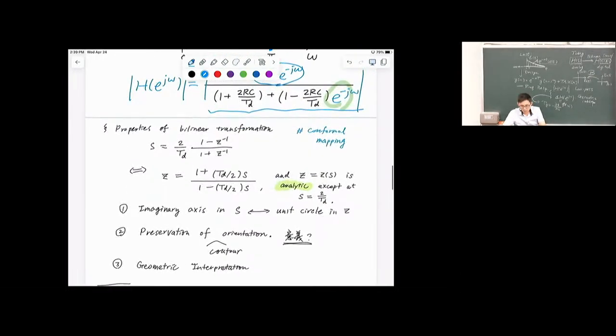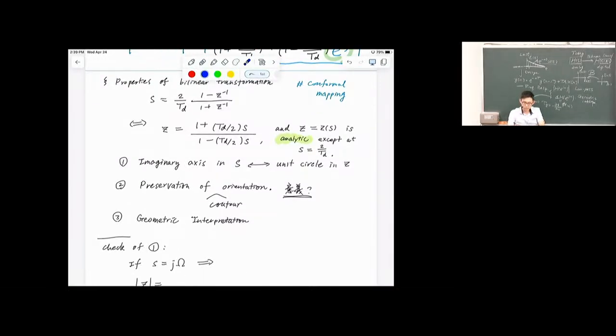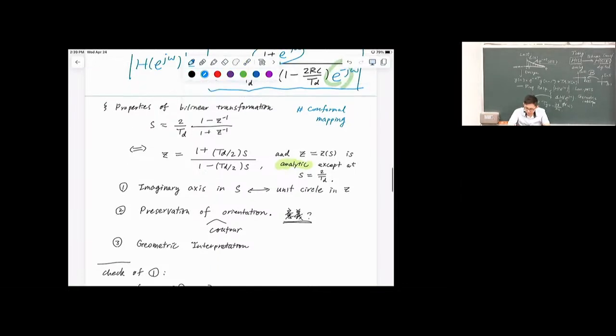Next, we need to talk about properties of this bilinear transformation given by this expression. I'm going to show you a few important properties, actually just two.